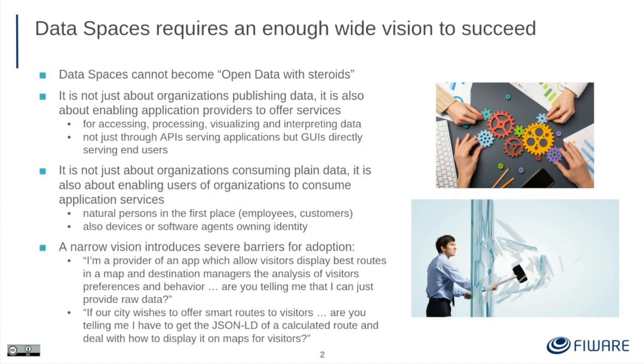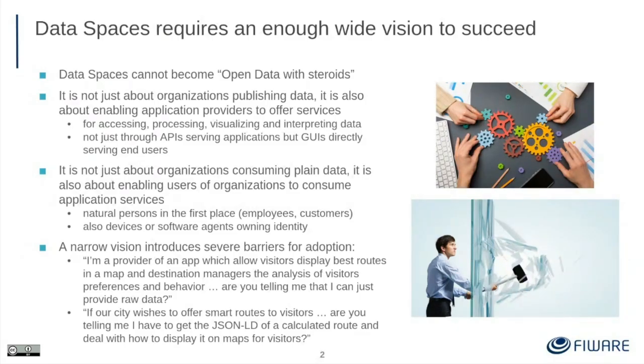Because most of the time, the data provider is also somebody that already has some insight into the data itself. For example, if you have a company collecting air quality data, this company usually is also the company that knows how to process air quality data or to build a meaningful dashboard. And we want that in a data space, this company can then also share this service or this application to the other participants of the data space.